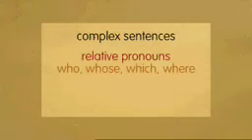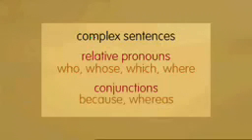We can use relative pronouns, who, whose, which, where, or we can use conjunctions like because or whereas. When writing or speaking, it's important for you to practice using a variety of sentences. You'll need to use simple, compound and complex sentences.